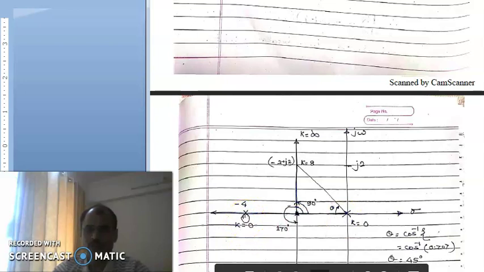These are the starting points of the root locus. The first branch originates from s equals 0, and the second branch originates from s equals -4. Of course, the independent variable system parameter k equals 0 for the respective locations.